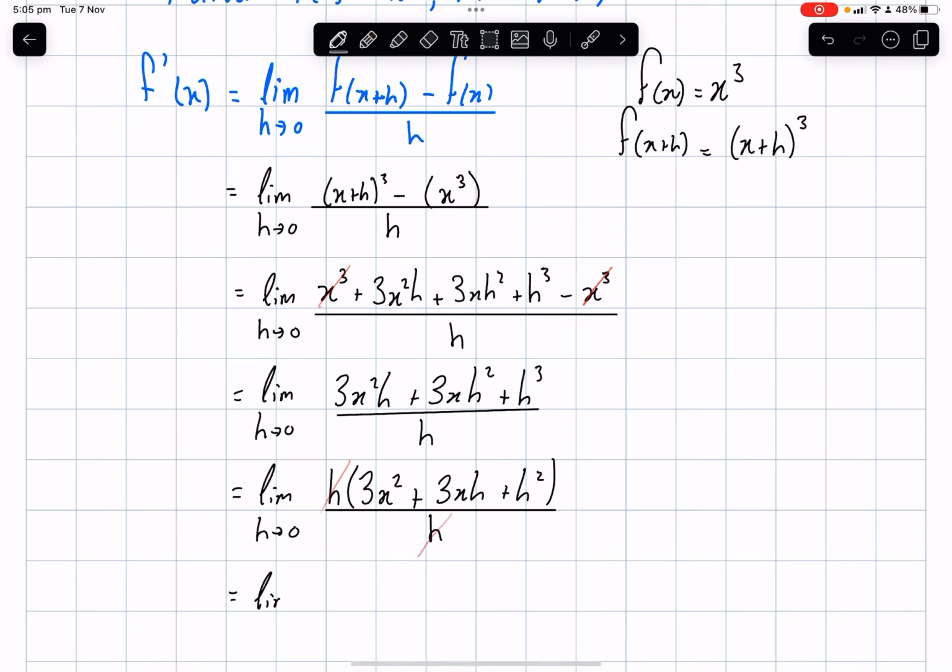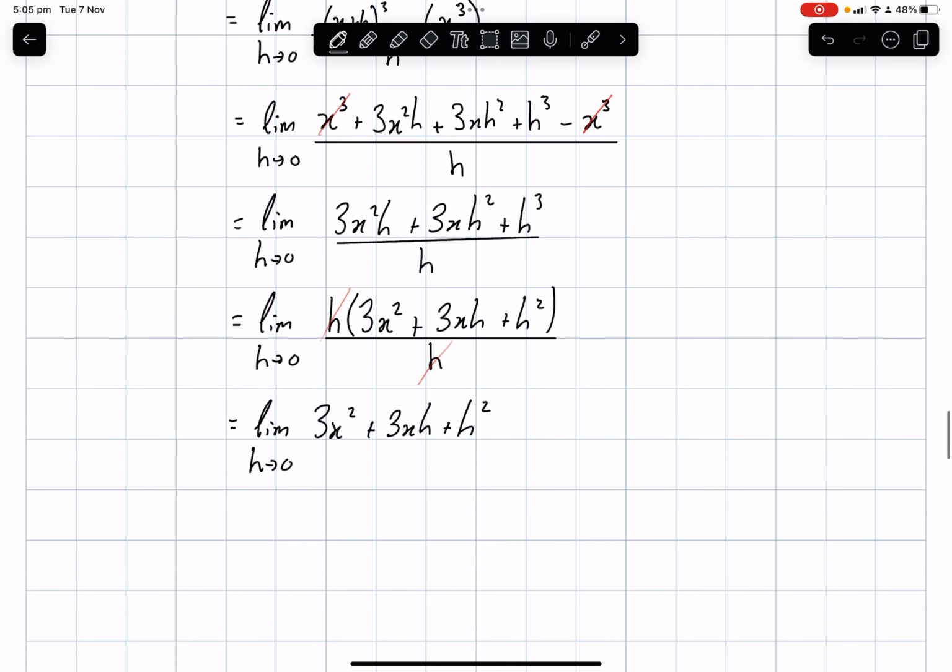So I'm just left with the limit as h tends to 0 of 3x squared plus 3xh plus h squared. Now if I apply my limit, nothing becomes undefined, so I can do my substitution. So 3x squared plus 3x times by 0 plus 0 squared, that just gives me 3x squared. So my derivative, f prime of x equals 3x squared.